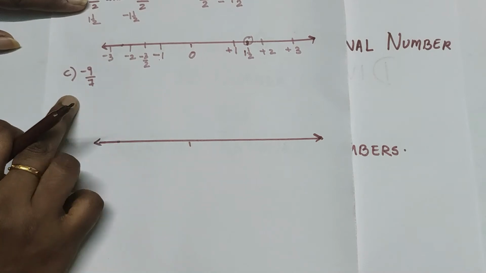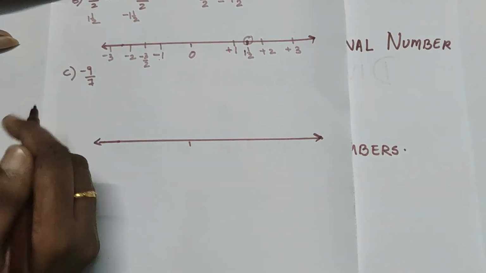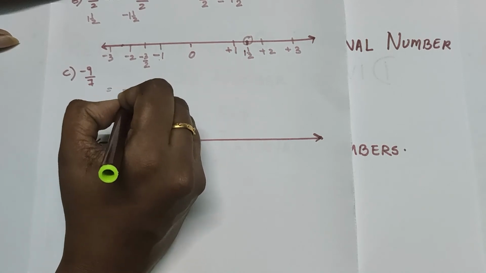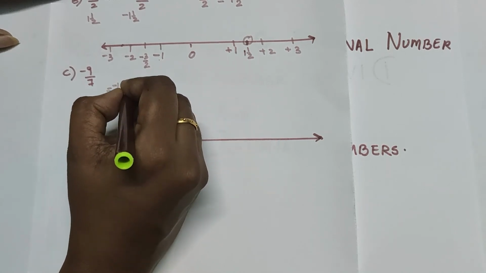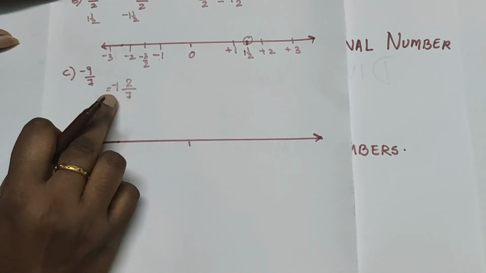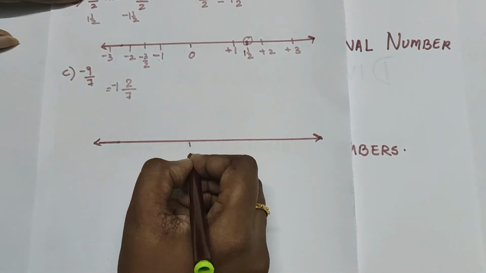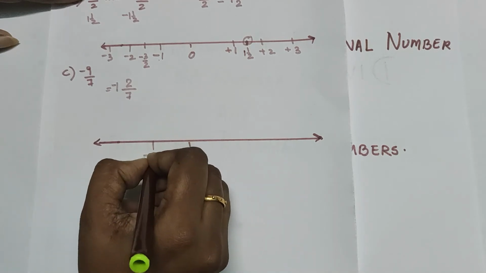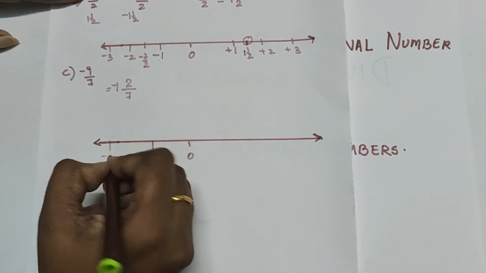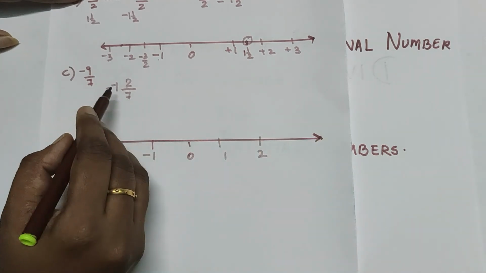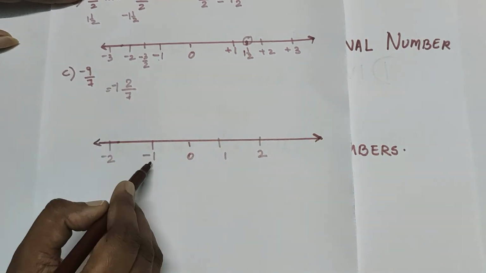Or if it is just given a number like -9/7, again this is more than 1 in magnitude, because I can write it as a mixed fraction, -1 2/7. So this will lie between -1 and -2. So I can just draw the center, -1, -2, and here +1, 2, and so on. So this part, -1, is already here.